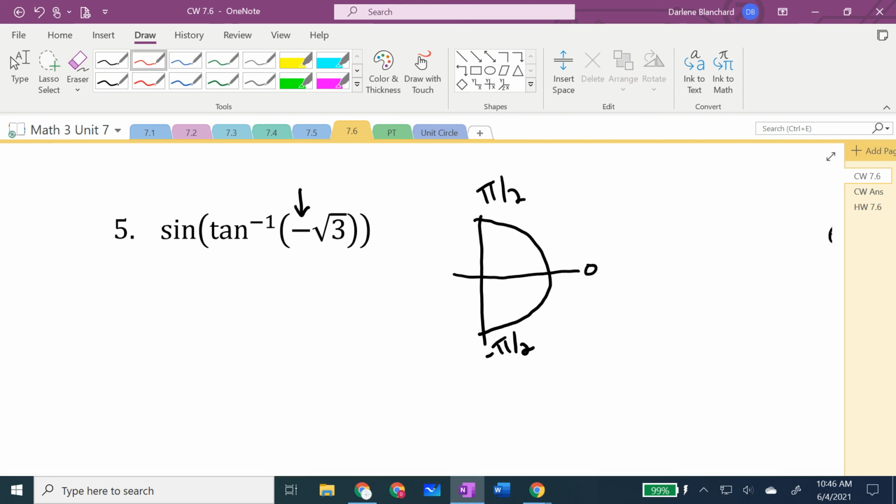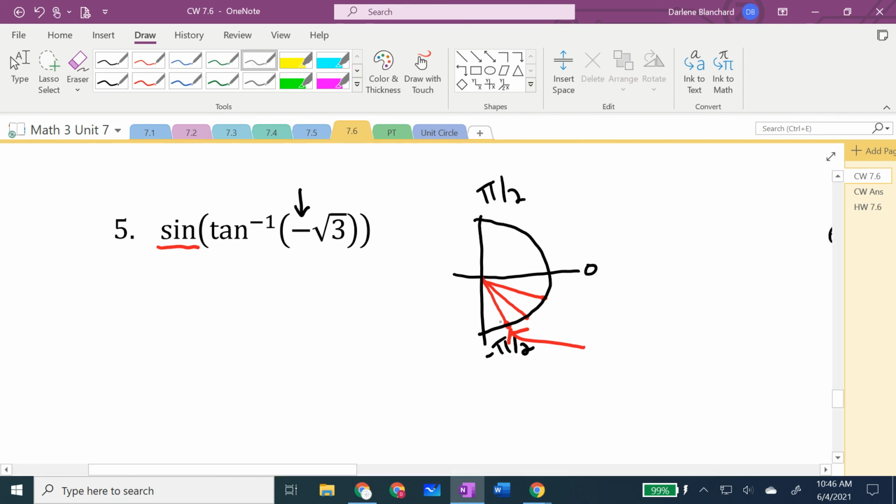When I'm dealing with negative root 3 for my tangent, that's going to send me to this angle right here. But realize you don't have to know the angle. You just need to know the sine of that angle.